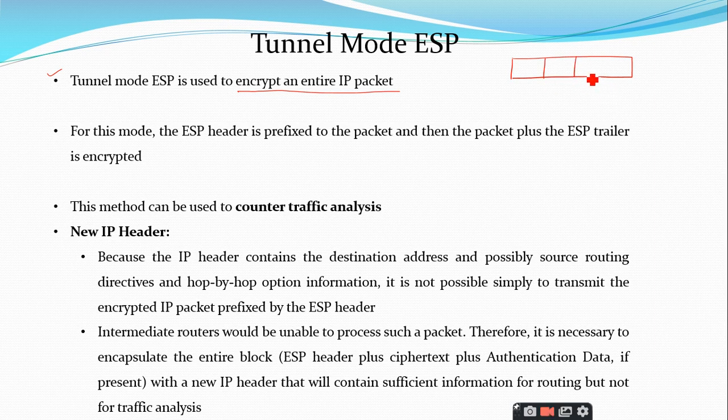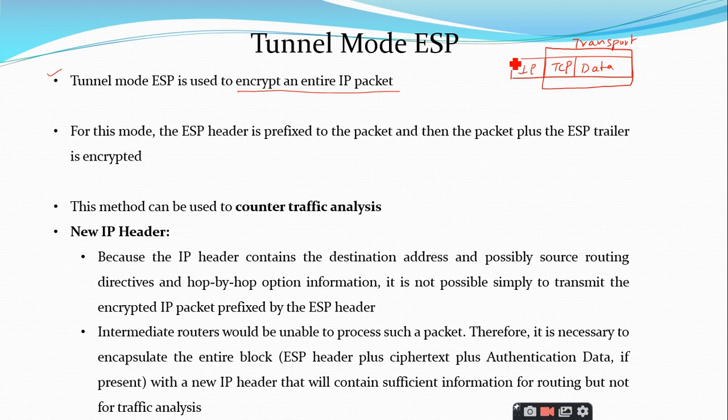An IPv4 packet has three different parts: the data, the TCP header and the IP header. The transport mode is going to provide security to the transport level segment only, from here to here. Therefore, it is going to encrypt the TCP header and the data. This is transport mode.